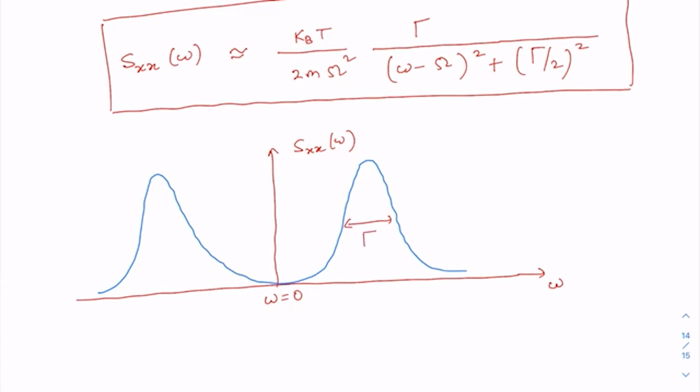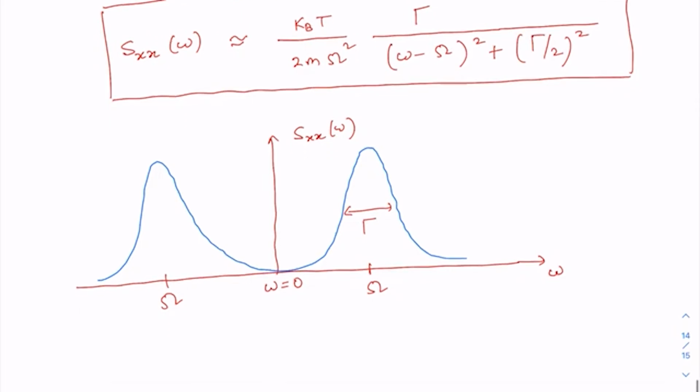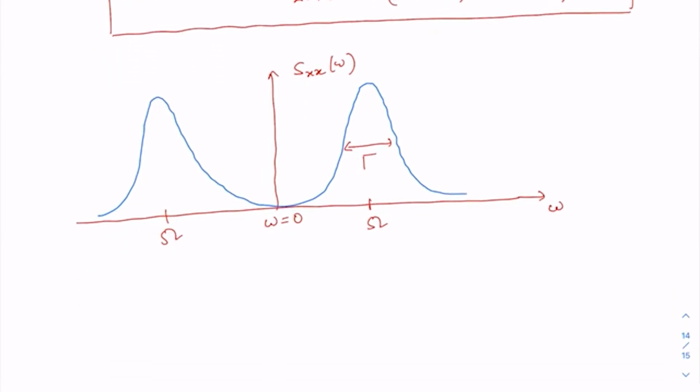The peak is situated at capital Omega, the resonance frequency, in both cases. Maybe I'm not drawing it properly, but take it as completely symmetric around omega equal to 0. And what are the other things that we can find out from this simple diagram?